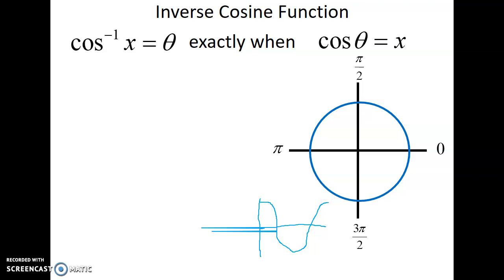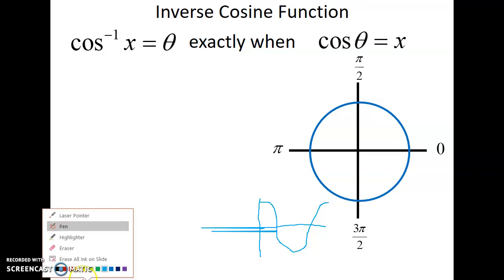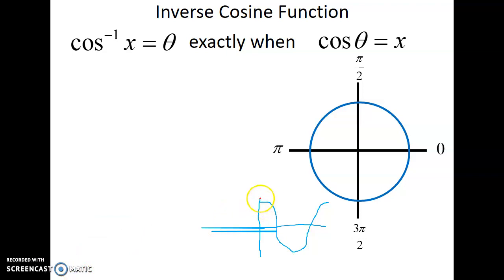For the graph of cosine, it starts at 0, which is here, and goes to pi, down here, before it goes back up again and repeats the y values. We only want the values that don't repeat the y values, so from 0 to pi.